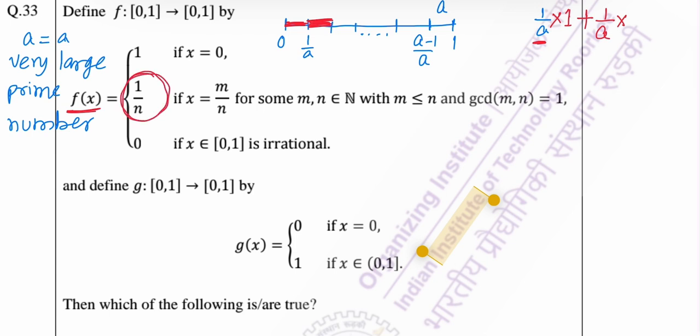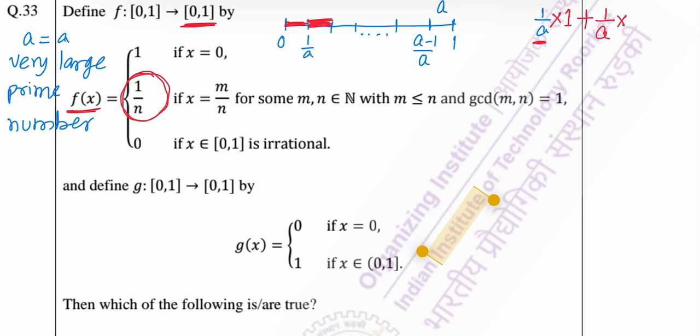Since the limits are 0 and 1, in that interval there are two cases. The first one is it may be a rational number, and otherwise it may be an irrational number.